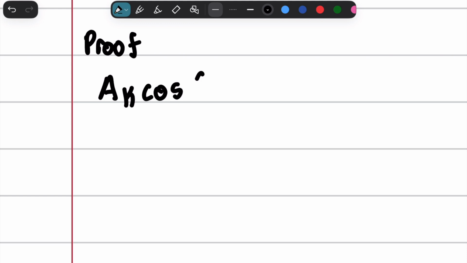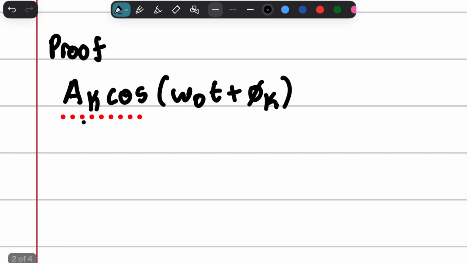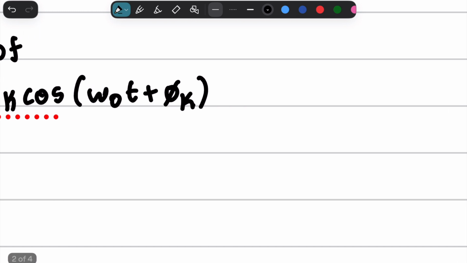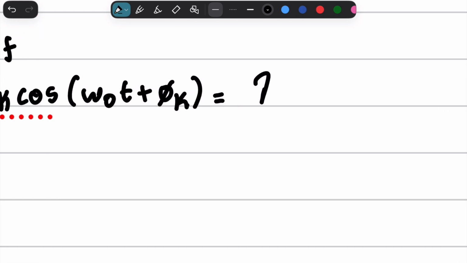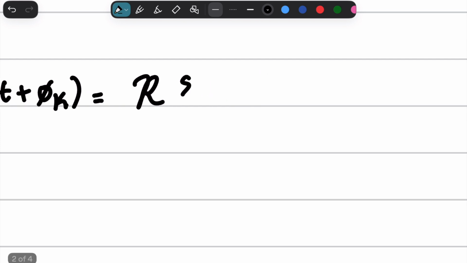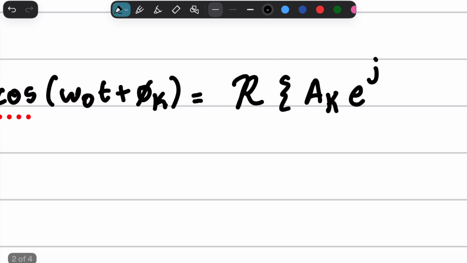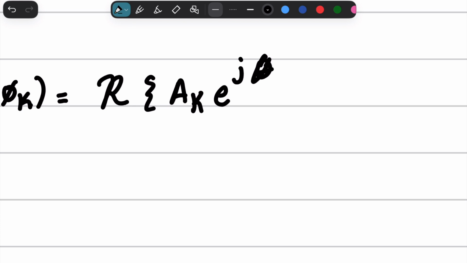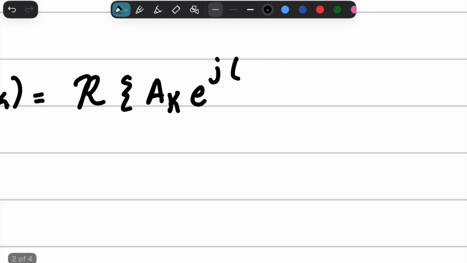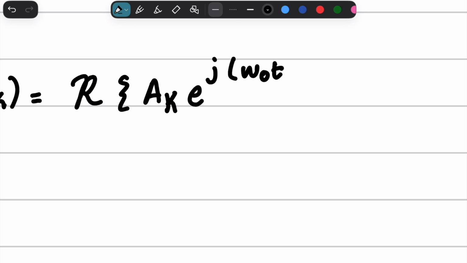And so we're going to take our arbitrary a sub k and phi sub k cosine, and that's going to be equal to the real part of a sub k, e to the j, and then this argument, it would be theta, but we're going to replace that theta with the argument omega naught t plus phi sub k.